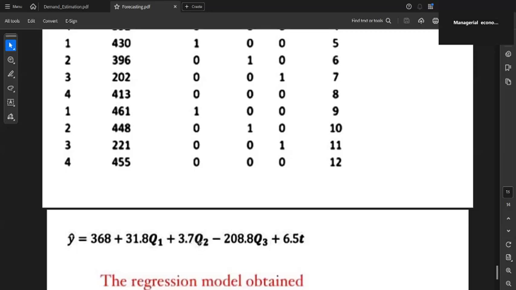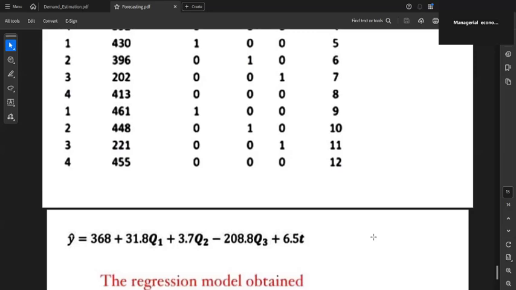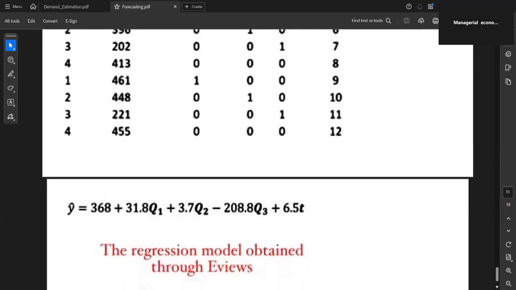Then the seasonal component of quarter 2, the seasonal component of quarter 3, and the rest is the base period value. You can use this regression model with seasonal dummy variables to estimate the demand function, directly for your forecasting purposes.